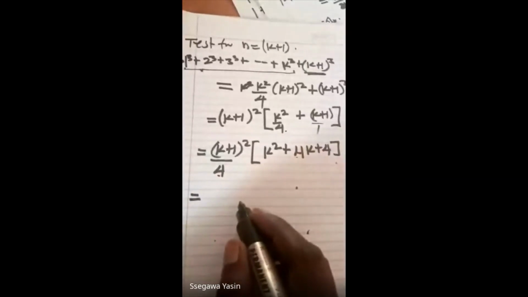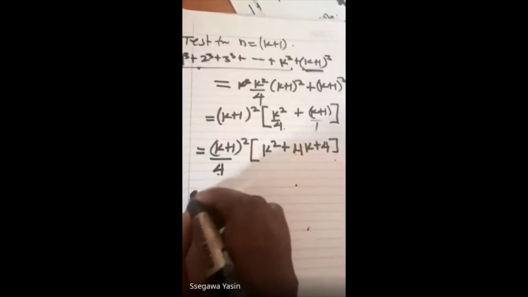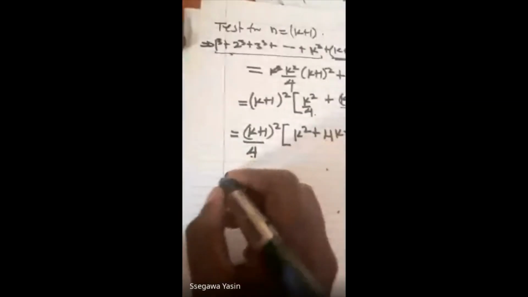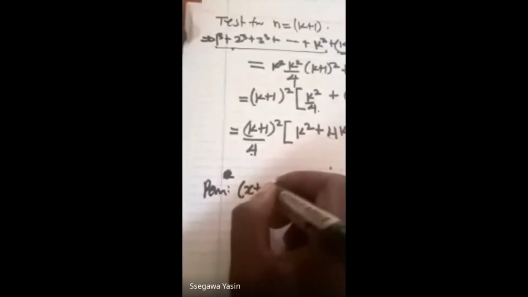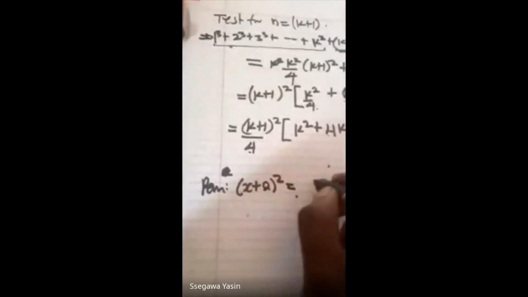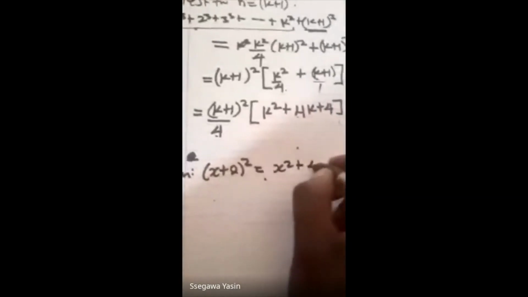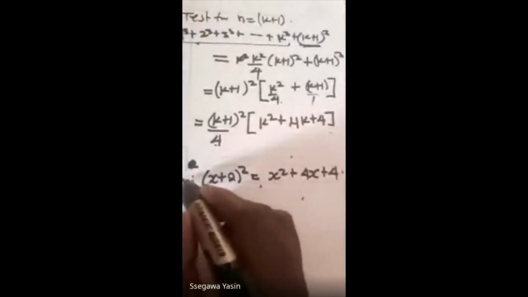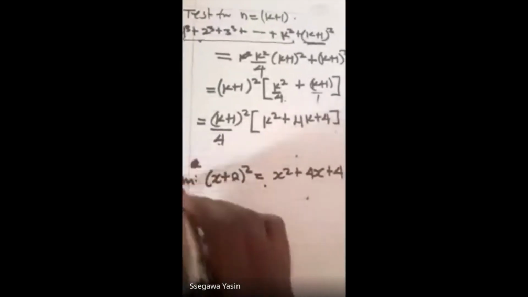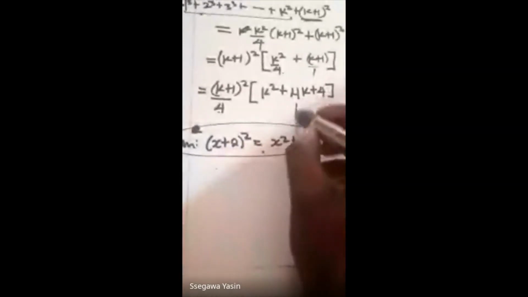Now, we know, remember, something is good here. If you're having x plus 2 squared, this is the same as x squared plus 4x plus 4. When you check out the one I'm telling you to remember, it is automatically this guy.